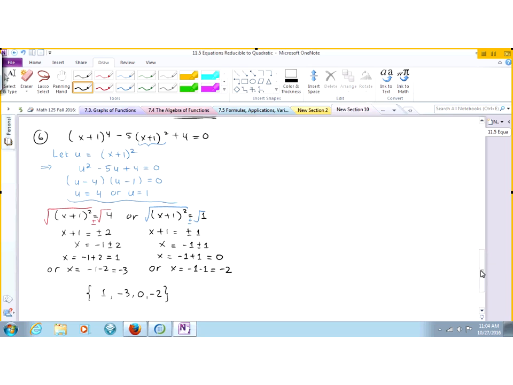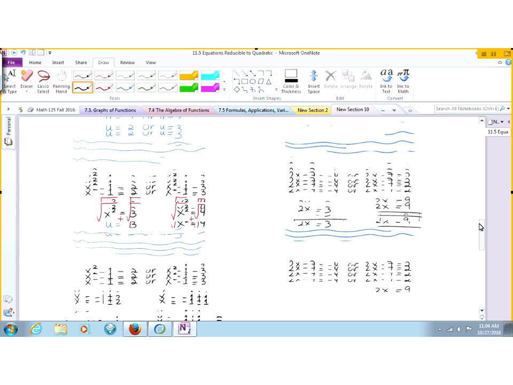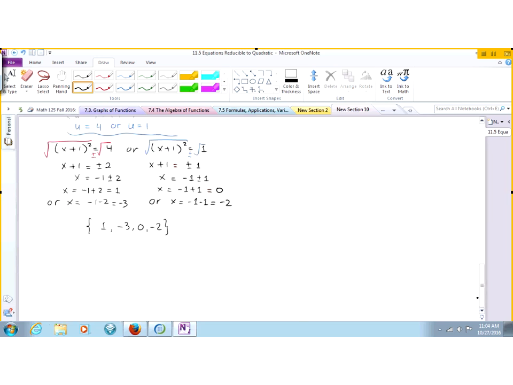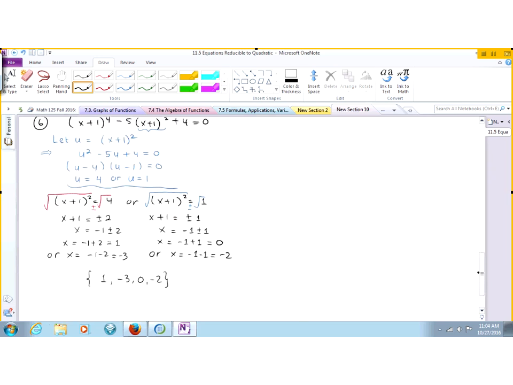All right. Is this doable? Yes. I'm glad. So, okay, here. Recognizing equation in quadratic form. Okay, so B is radical and rational equation.